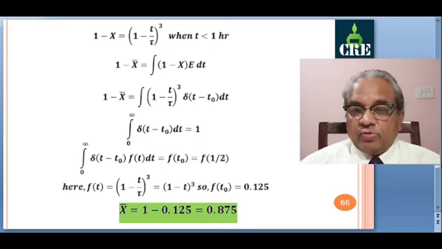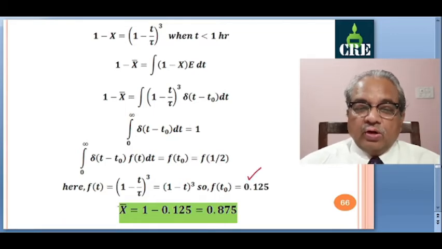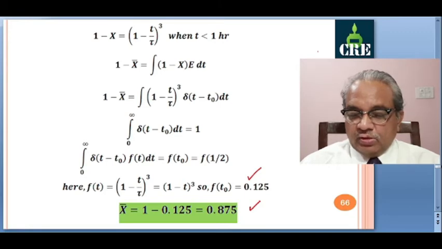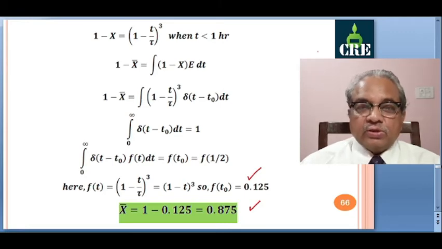So f of 0.5, that is half. Our function is 1 minus t by tau. Tau is 1. So 1 minus t whole cube. So if you substitute 0.5, you get f of t0 as 0.125, and x bar will be 1 minus 0.125, that is 0.875. So mean conversion will be 87.5% for this case.